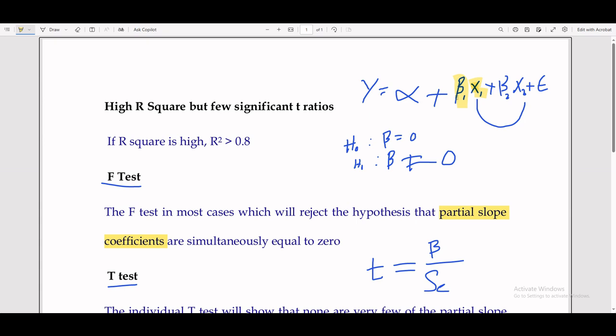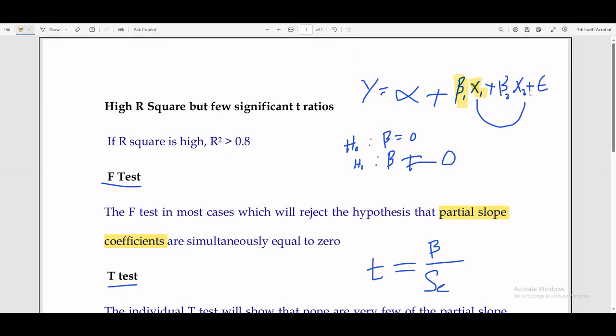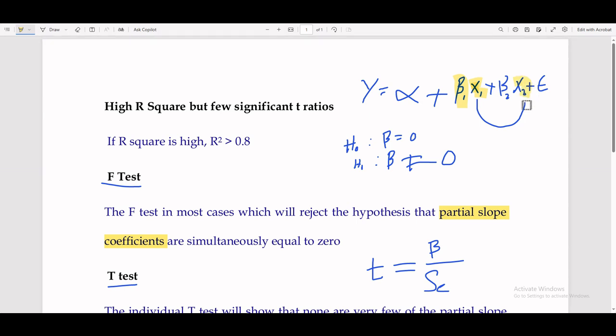Then beta 1 is the partial slope coefficient. In a similar fashion, we check the effect of the second regressor x2 on y, assuming x1 is constant. Then beta 2 is the partial slope coefficient.